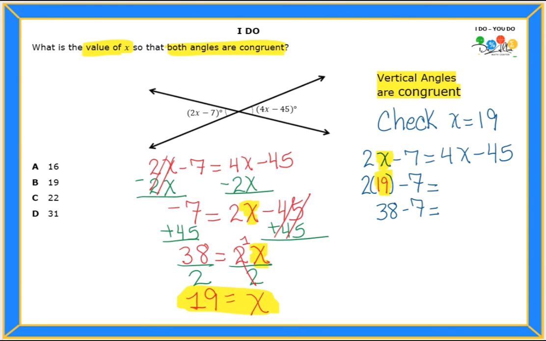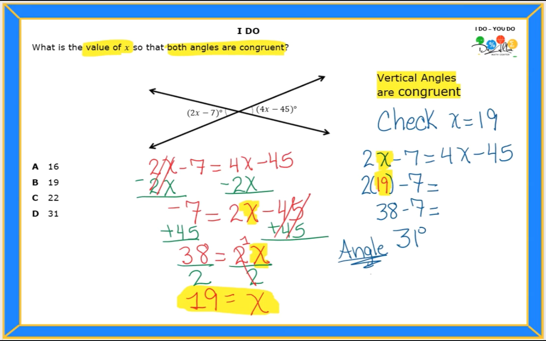And 38 minus 7 gives me a 31. So let's suppose that the question was, what's the measurement of the angle? Then guess what? 31 will be the measurement of your angle, okay? So be aware. I just did the extra step because it doesn't hurt to do it.